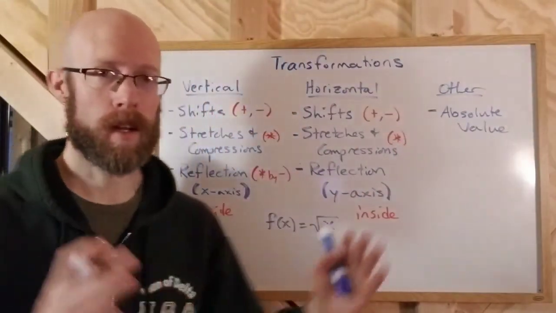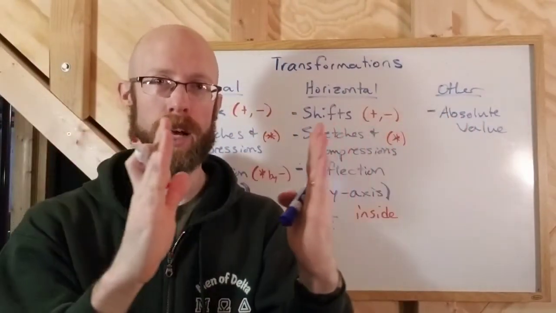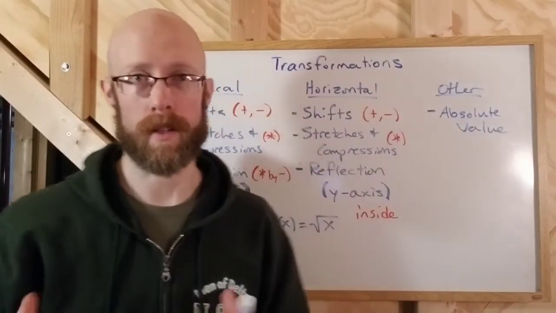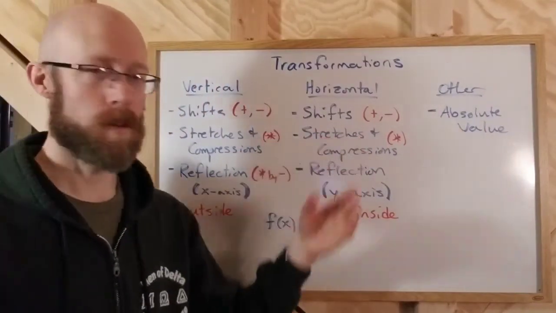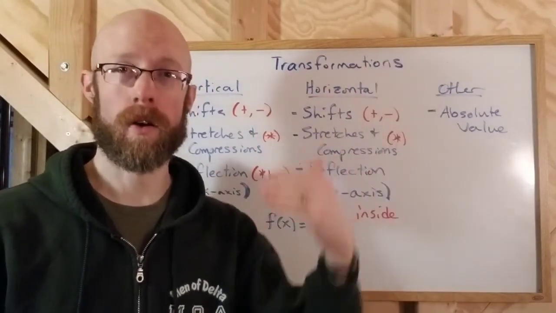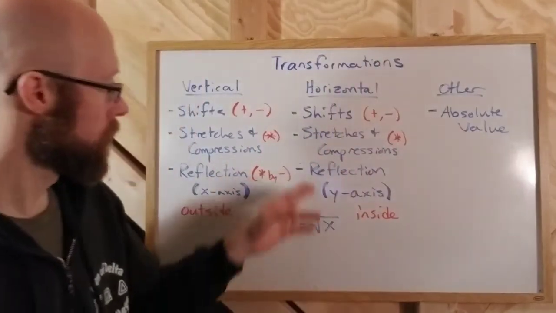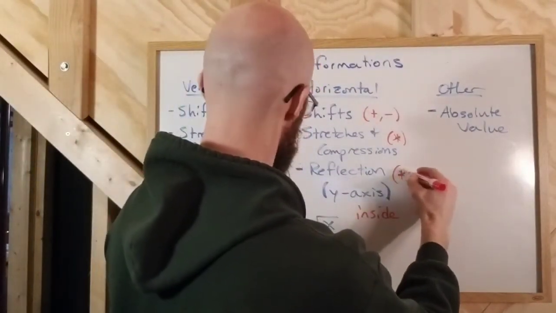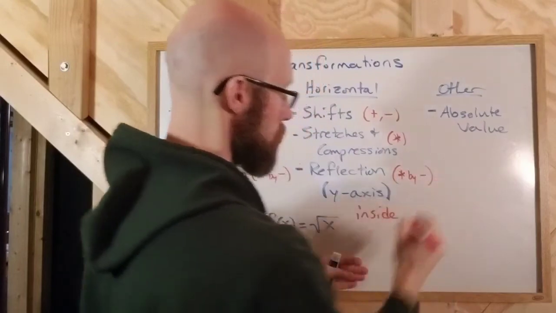And you can compress a graph horizontally or stretch a graph horizontally, depending upon whether you're multiplying by a number greater than 1 or between 0 and 1. Finally, reflections are again multiplying by a negative number.